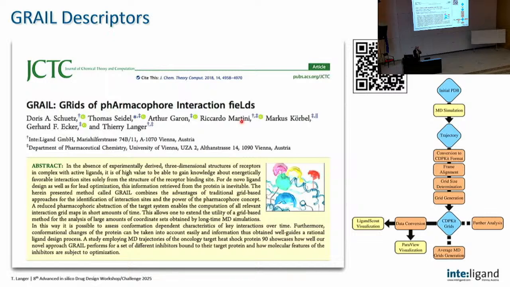And the good thing is we can do this not only on one X-ray structure, but we can also run this on MD trajectories. So we have a complete pharmacophore description of the binding site for MD trajectories, not looking at the ligand. Of course, if the ligand is there, we can see what the ligand takes from the interactions that are possible.